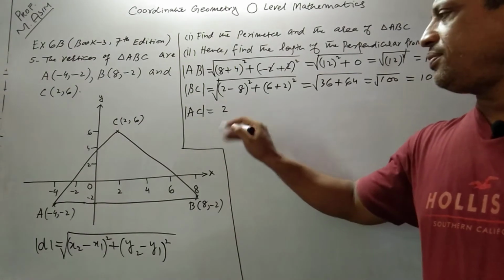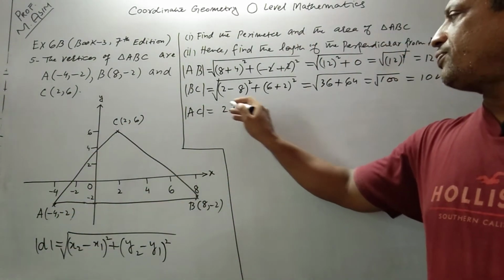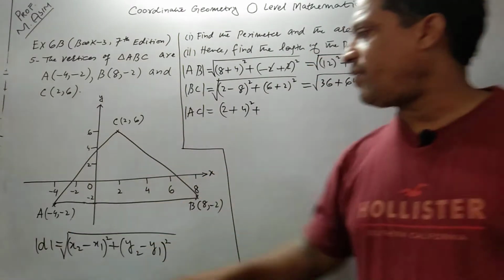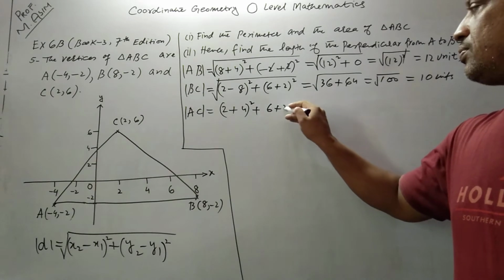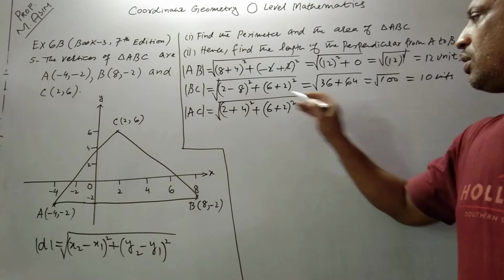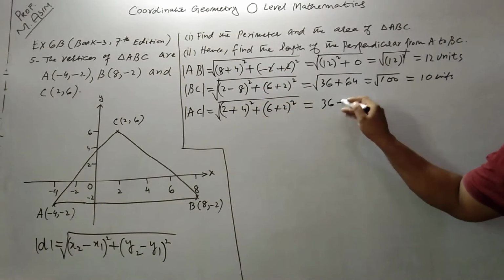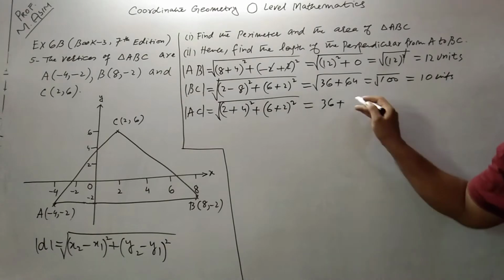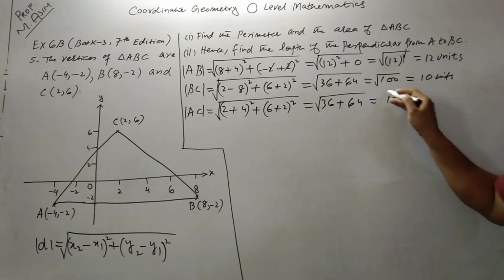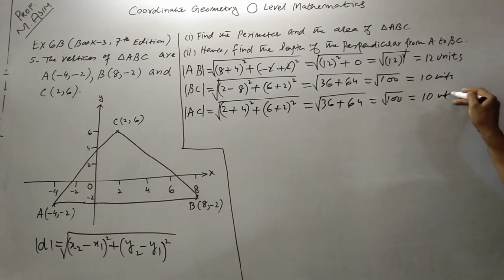So x2 minus x1, minus minus plus 4, square, plus y2 minus y1, 6 plus 2, square. 4 plus 2 is 6, 6 square is 36. 6 plus 2 is 8, 8 square is 64. 36 plus 64 is 100. Square root of 100 is 10 units.